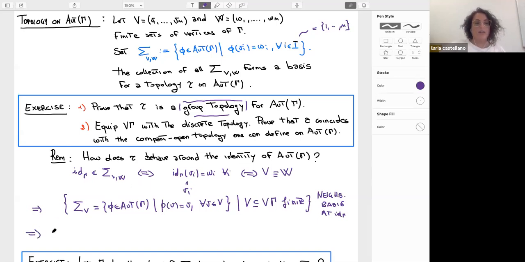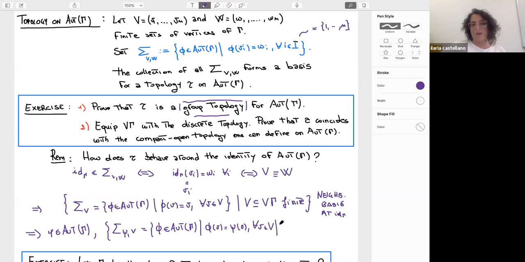And if you use translation and move to any other psi in the automorphism group of gamma, the basis that you get, this is psi B, is the set of all phi in Aut of gamma such that phi of v is equal to psi of v for all v in V, where V is again a finite subset of V gamma.